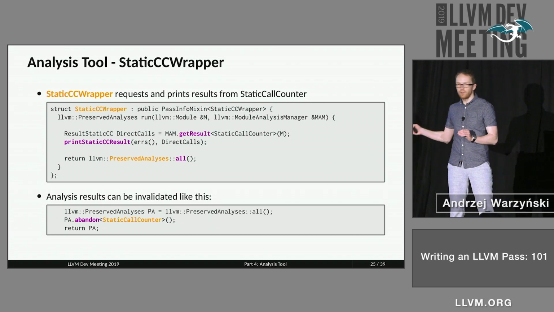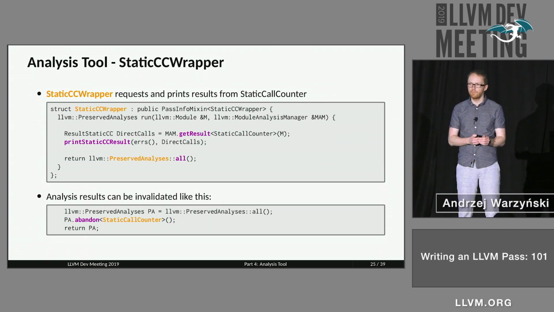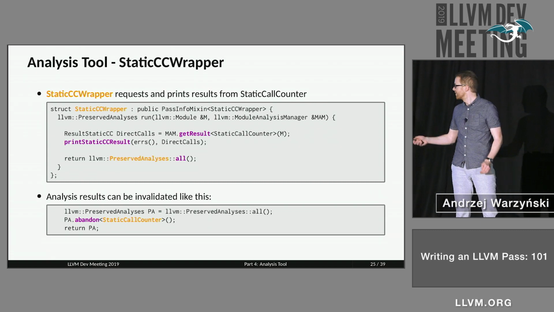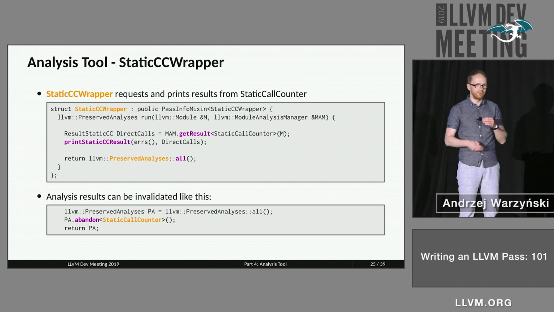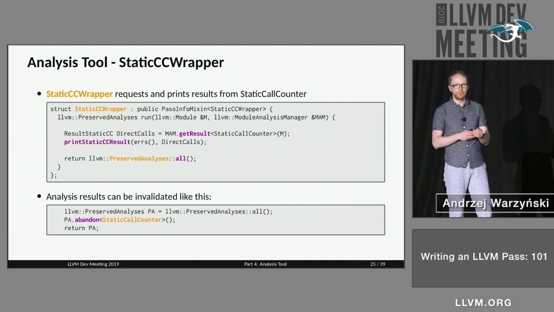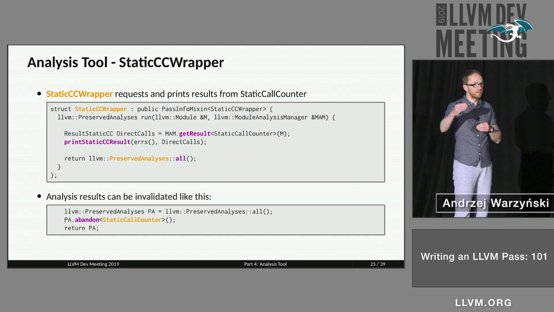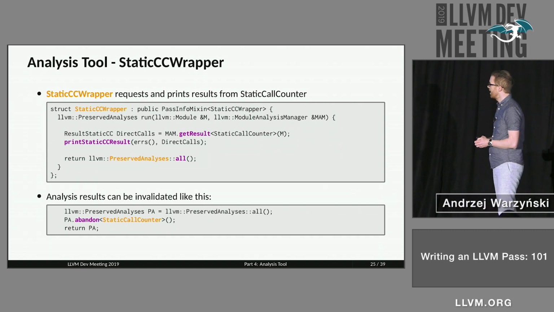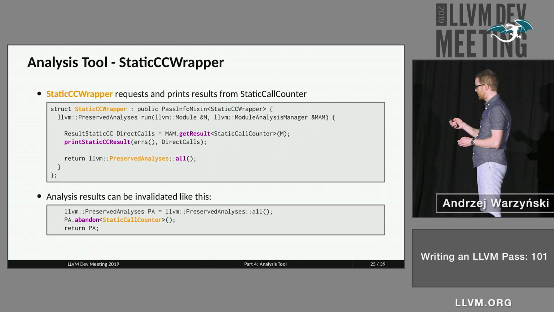Now, we don't have to do it because we're not changing anything, but it's an interesting exercise if you want to do it. Try this, run your pass StaticCc wrapper a couple of times, fire up your favorite debugger, and you will see the stuff being recalculated. But otherwise, we don't need it just for this pass.